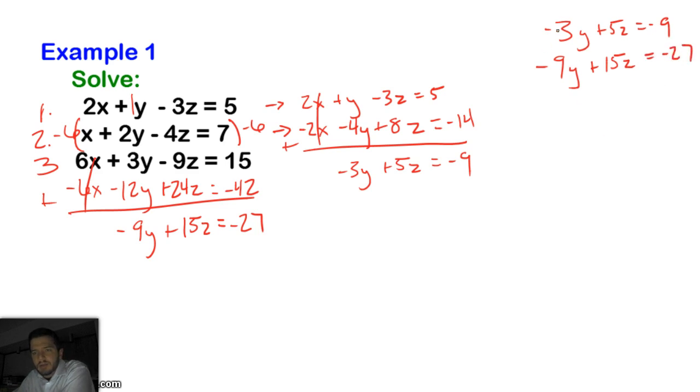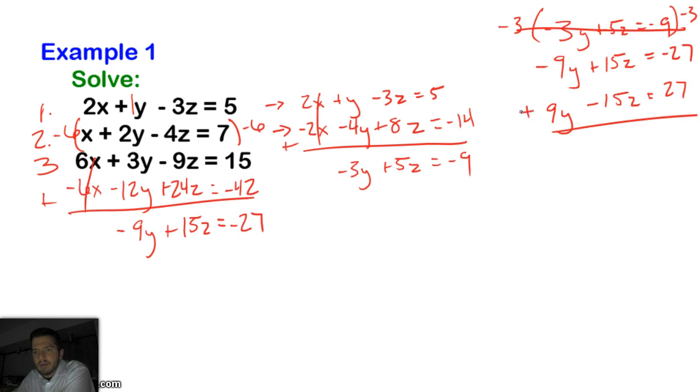So again, I'm going to try my lower numbers first. So -3 goes into -9 3 times, and then 5 goes into 15 3 times. So it really won't matter what I multiply by. So I'm going to multiply this top one by -3 on both sides to get them to cancel. So it'll be positive 9y minus 15z equals positive 27.